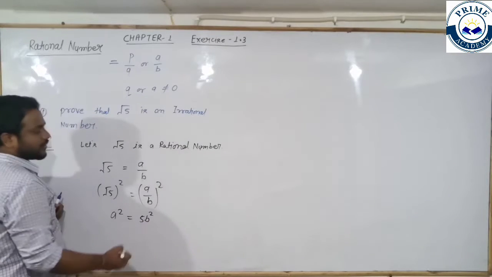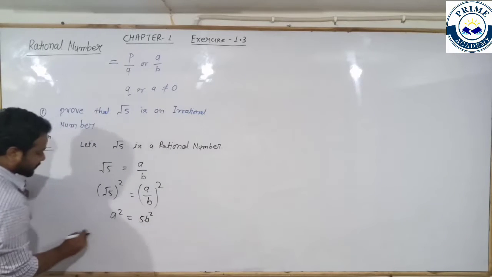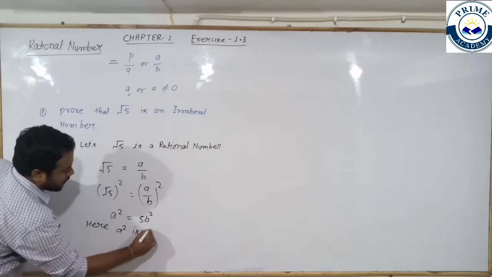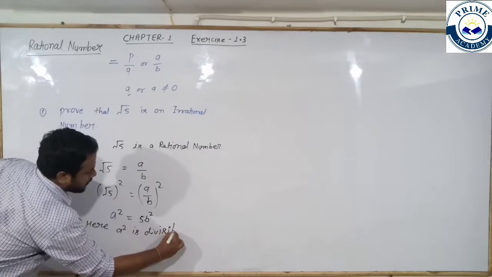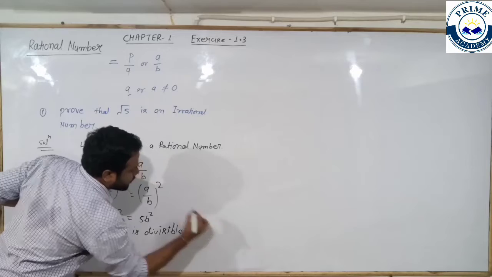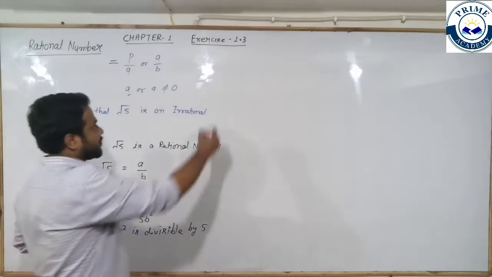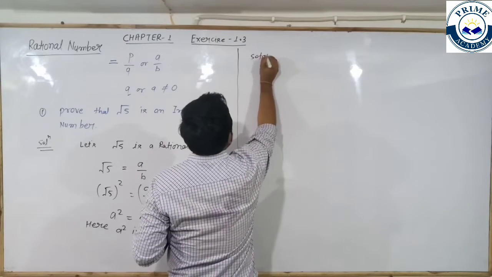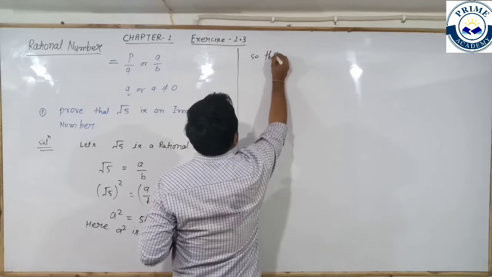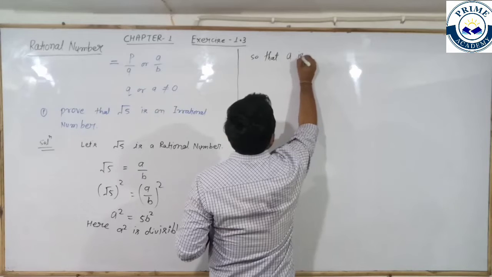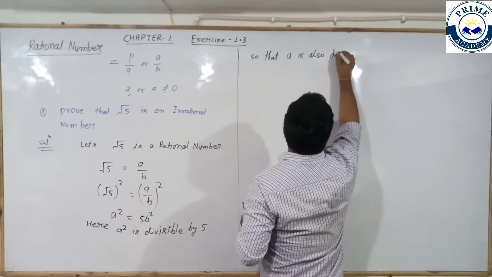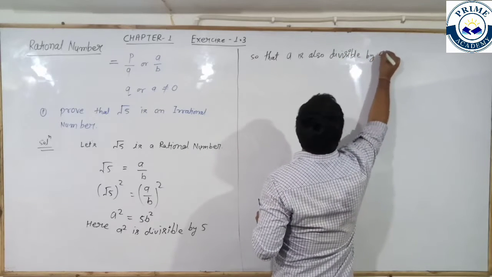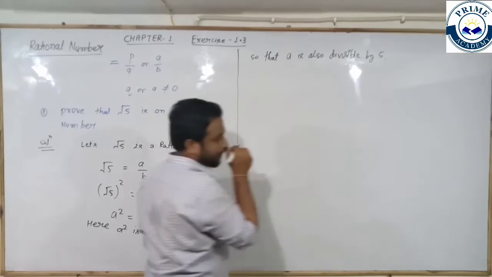Hence here you can see, a square is divisible by 5, so that a is also divisible by 5, right?